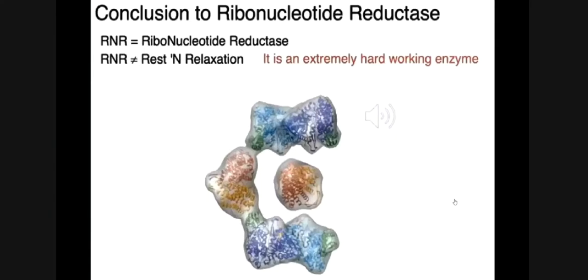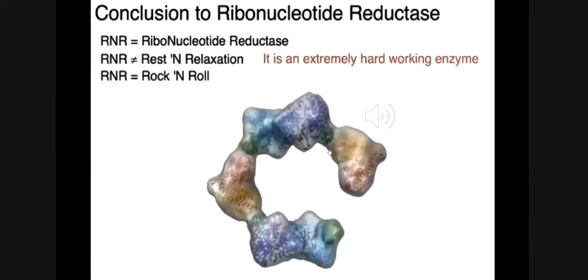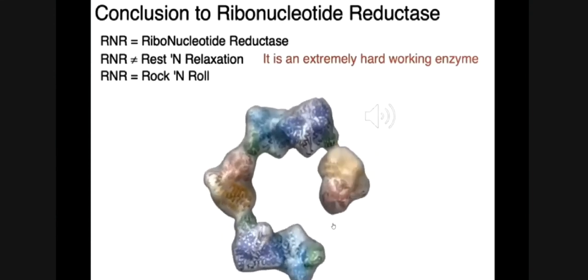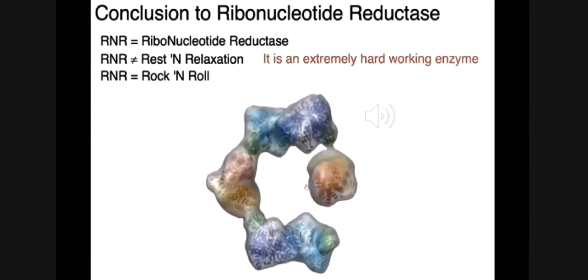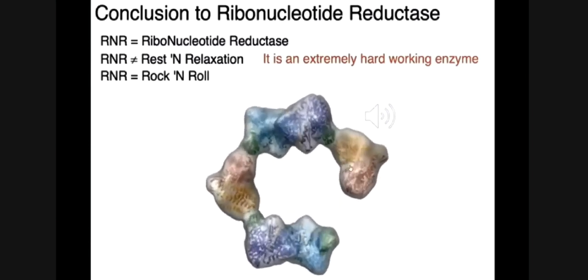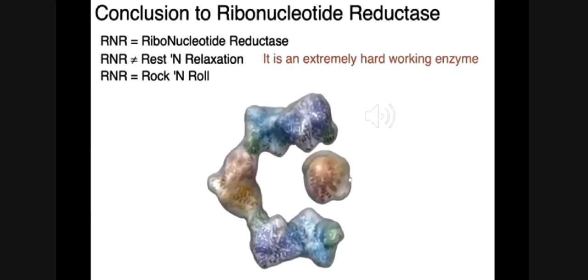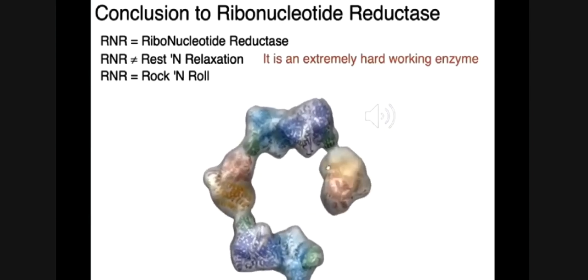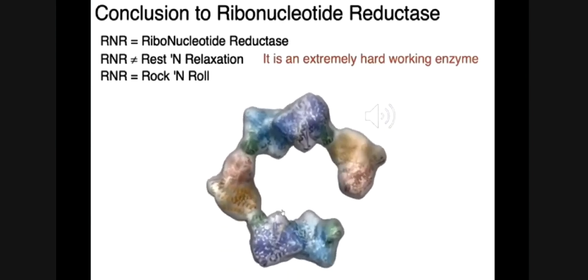And to conclude, ribonucleotide reductase is an extremely hard-working enzyme, so it's meant for rock and roll. Here is a nice animation where we can see that in the presence of dATP, the ring-like structure is forming, and when ATP rises, beta 2 detaches from the ring and activates the enzyme.